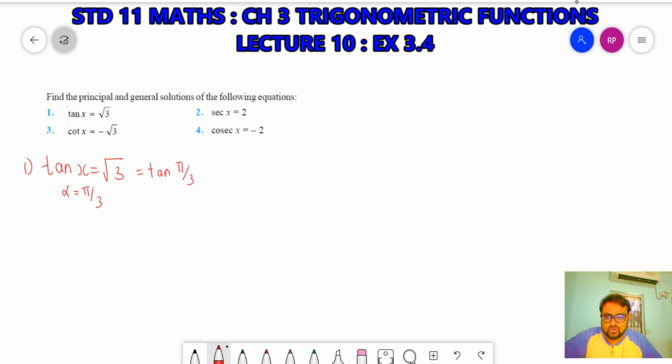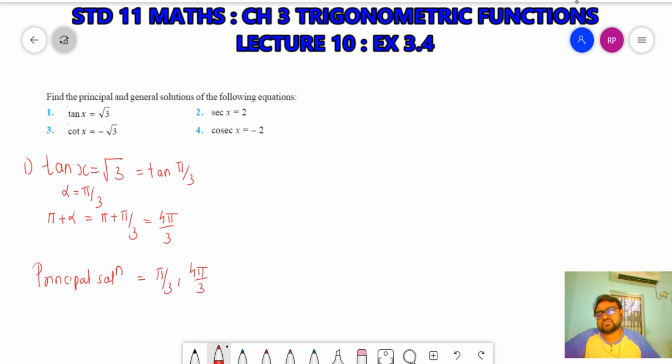So the principal solution will be first alpha, and for the third quadrant, pi plus alpha, that is pi plus pi by 3. So 3 pi plus pi, that is 4 pi by 3. So the principal solution is pi by 3 and 4 pi by 3.